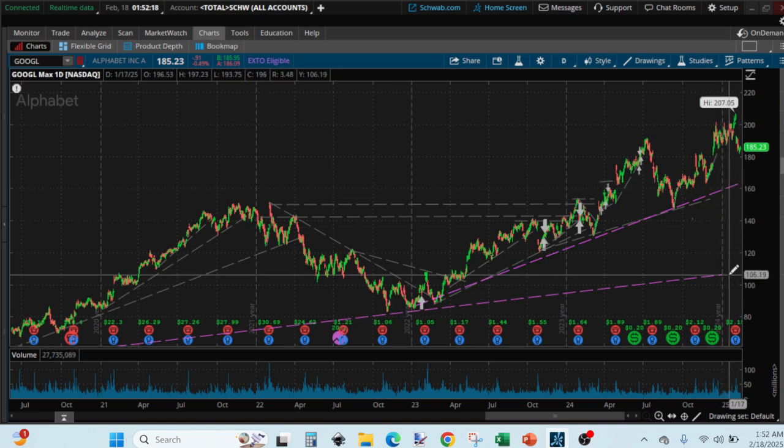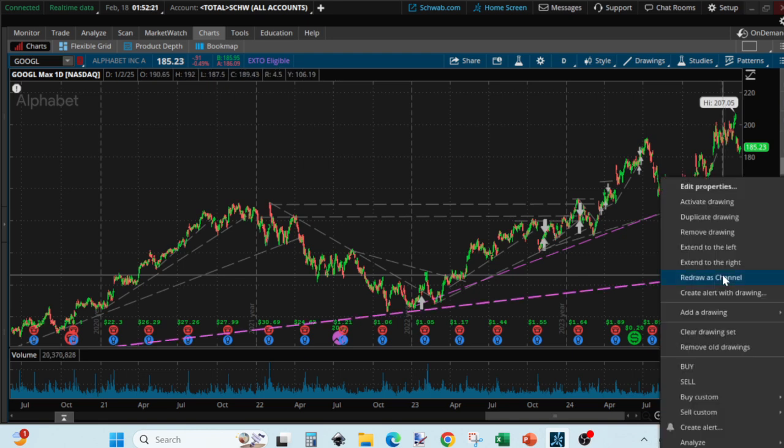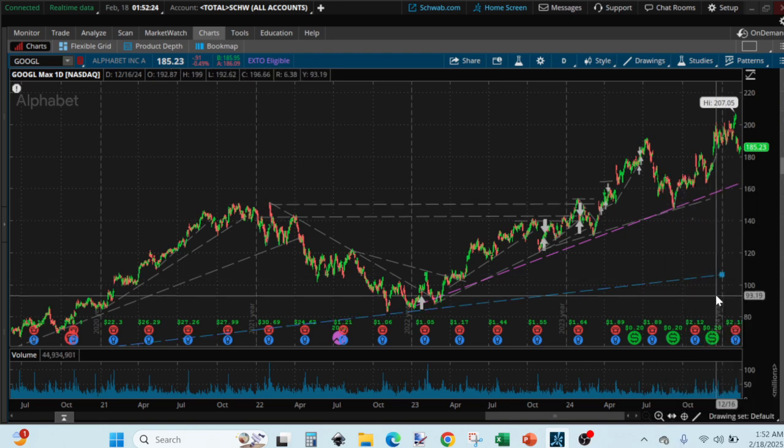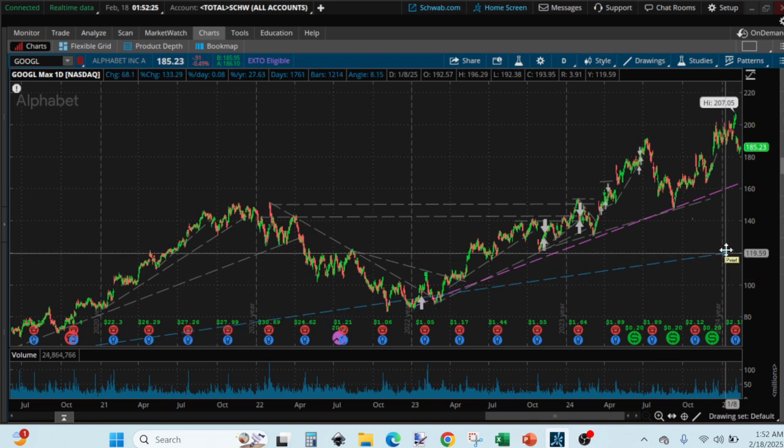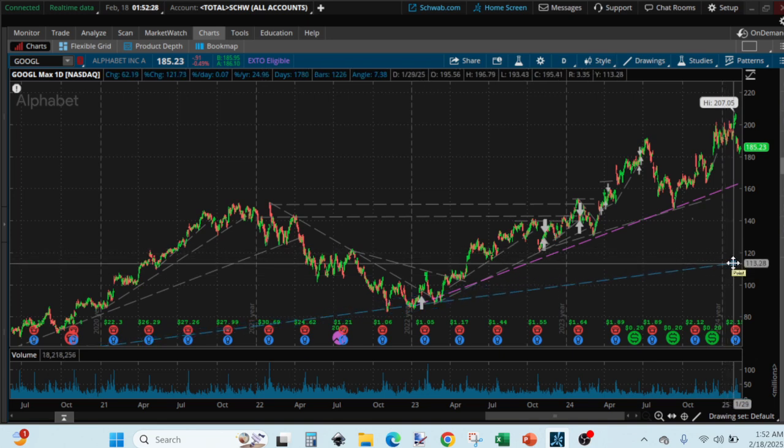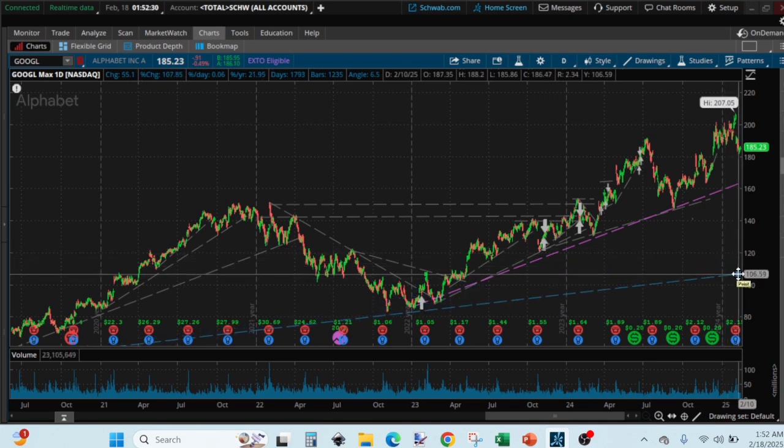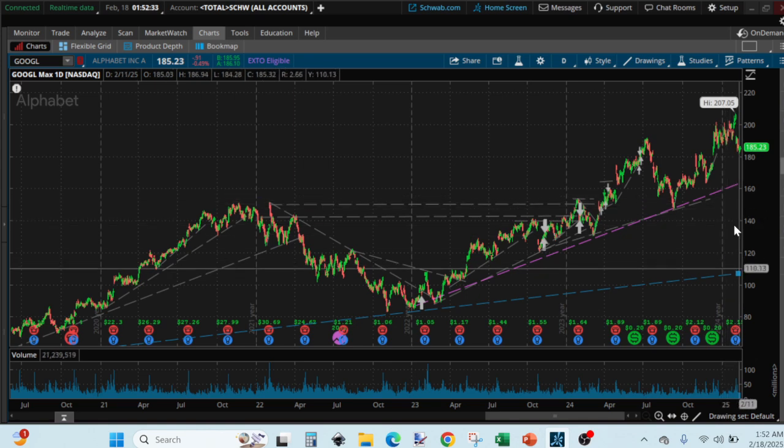The best option will be to wait to buy at this line if it will come down there or come down somewhere between the two.